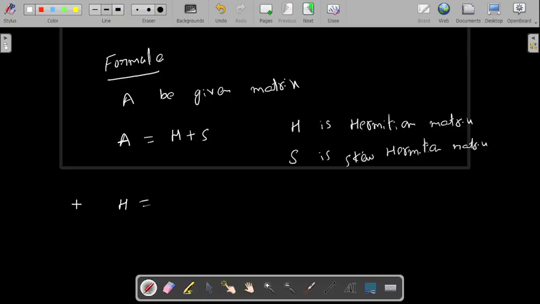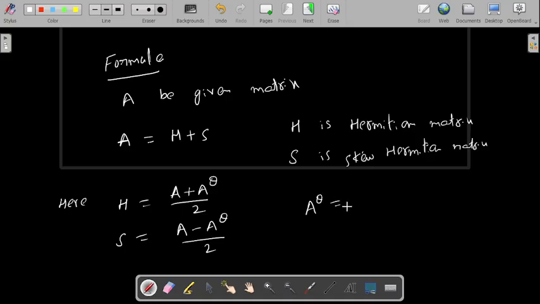Now what is the formula for this H? H equals (A plus A power theta) by 2. S is equal to (A minus A power theta) by 2. What is A power theta? A power theta is the conjugate transpose.